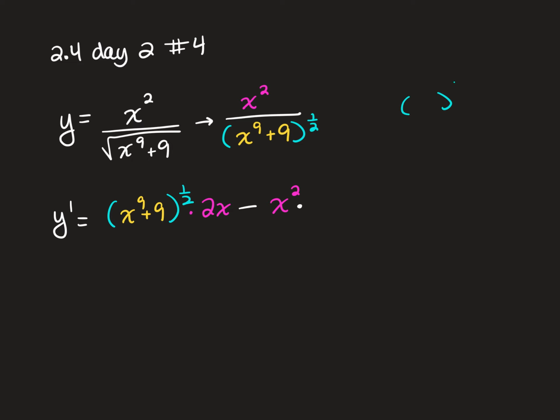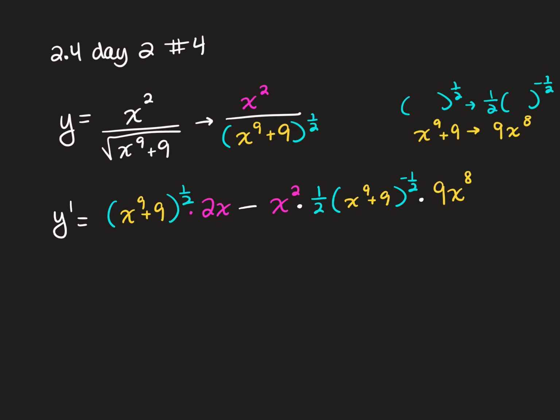So the derivative of something raised to the 1/2 power, we know is going to be 1/2 times that thing raised to the negative 1/2 power. And then the inner function there is x to the 9th plus 9. So the derivative of that is just 9x to the 8th. So we'll do the derivative of the outer function, that's x to the 9th plus 9 to the negative 1/2, times the derivative of the inner function.